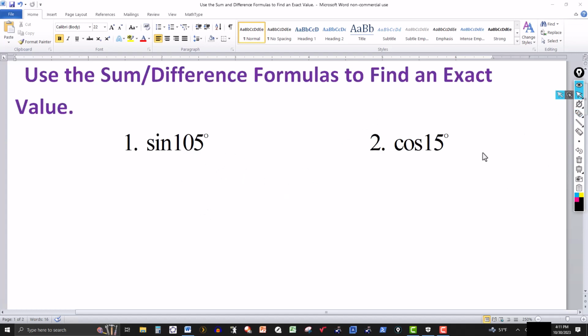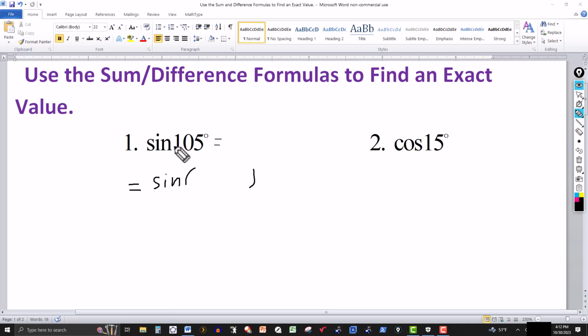So let's go back to this then. We want the sine of 105. So what we want to do is rewrite this as the sine of either a sum or difference, whatever works. So can I find a sum of two angles, and I want these angles to be either 45, 30, 60, because those I can find exact values for.